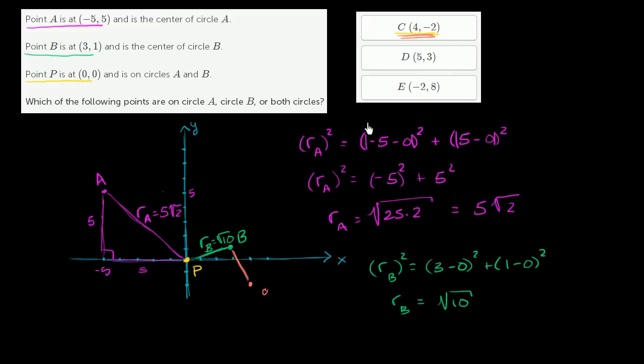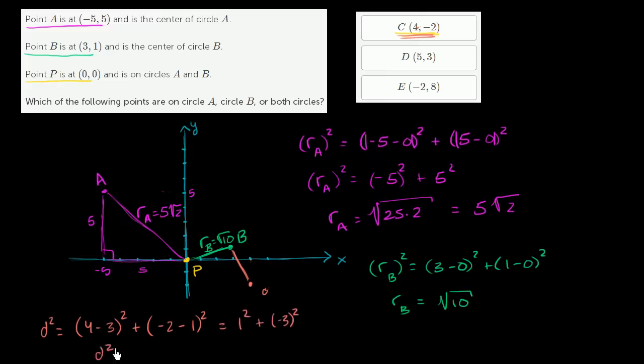The distance squared between point C and point B is going to be equal to the change in x's. So 4 minus 3 squared, plus negative 2 minus 1 squared, which is equal to 1 squared plus negative 3 squared.